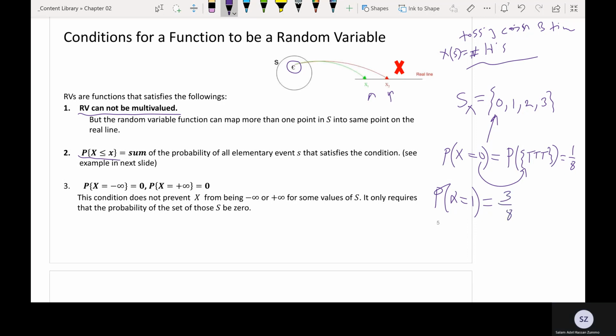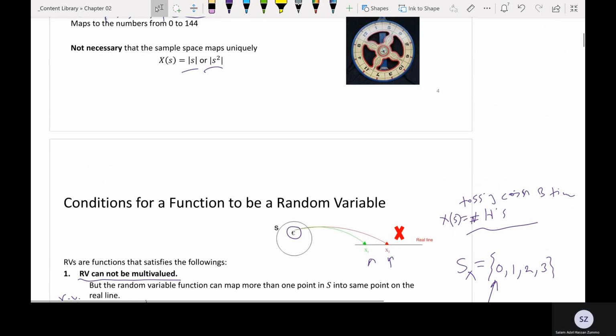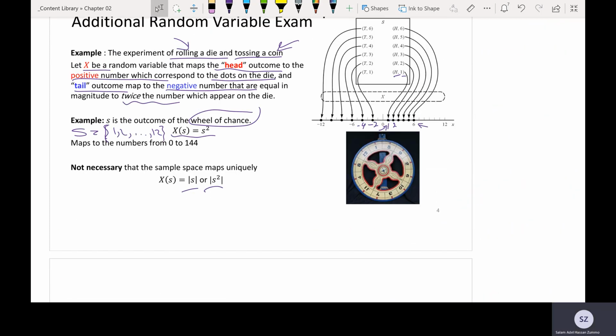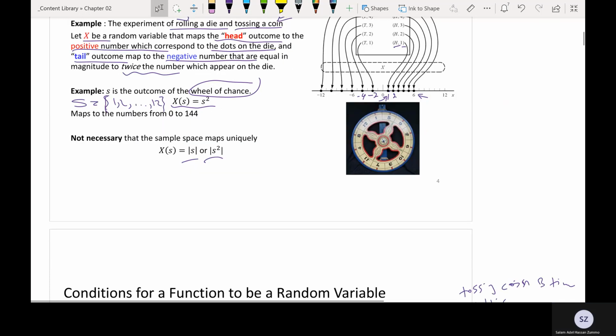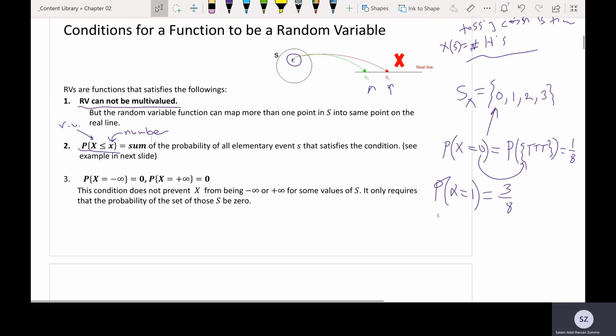And so on. So in general, the probability that X is less than a number: X here, capital X, is a random variable, while small x is just a number, a dummy variable.